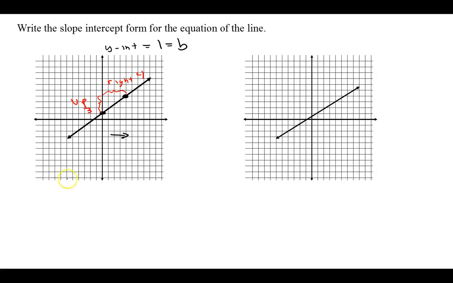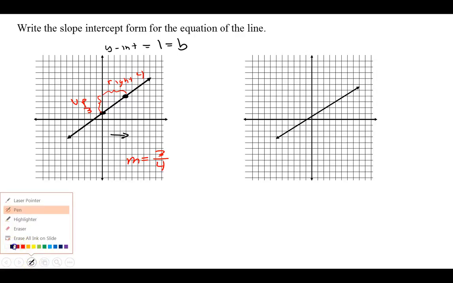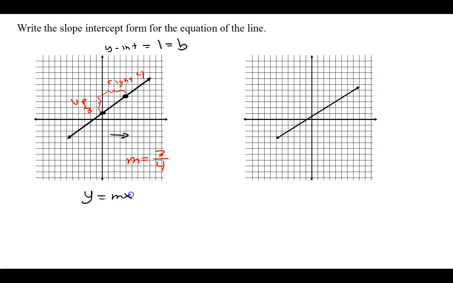And so the slope then is going to be 3 over 4. Rise over run. We rise 3 and we run 4. So then in slope-intercept form, we put the m and the b in. We get 3/4 of x plus 1.